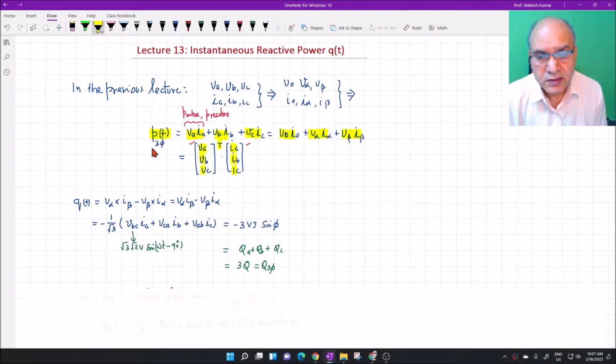Similar to that, we define the instantaneous reactive power term by saying it is the cross product of mutually perpendicular coordinate voltage and current quantities.